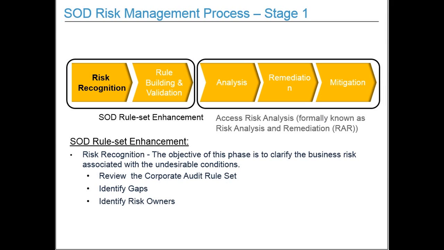Next, we'll discuss the SOD risk management process and what the different stages in here are. The first one is when, for example, the internal auditors and the external auditors come along and say, hey, you have got these many violations in the company and that needs to be rectified.